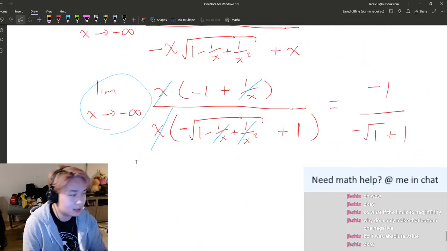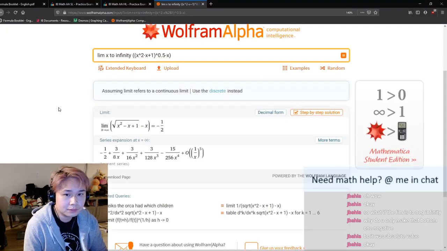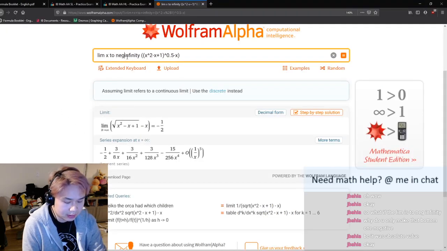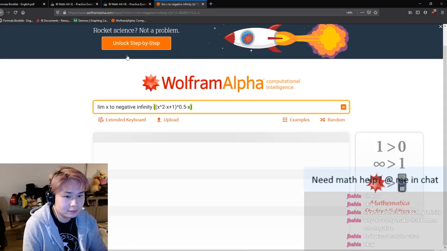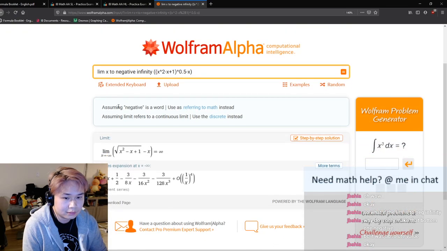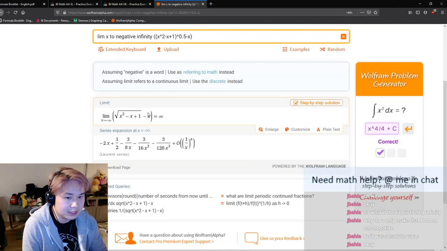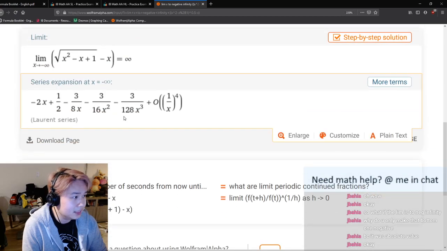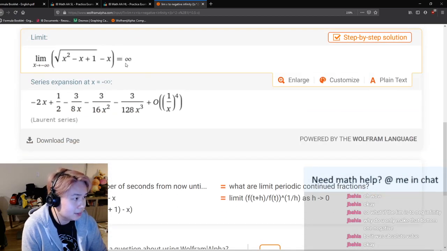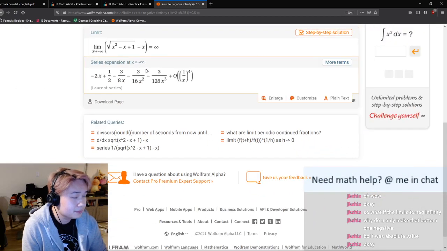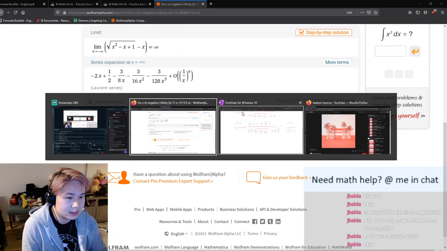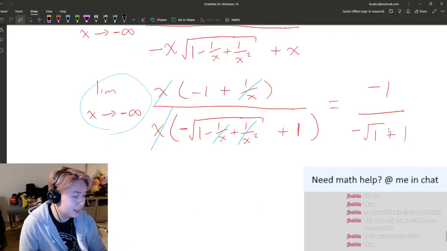Let's check real quick, to negative infinity. So you can see it doesn't exist, it goes to infinity, because after we simplified everything, it's still a division by 0.